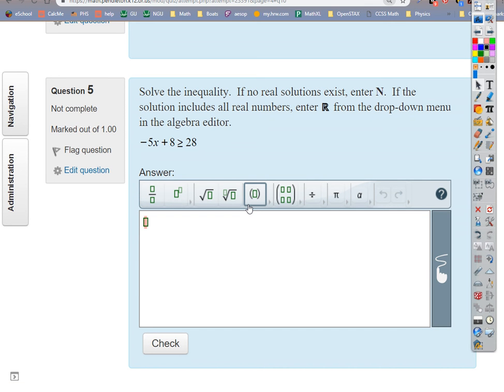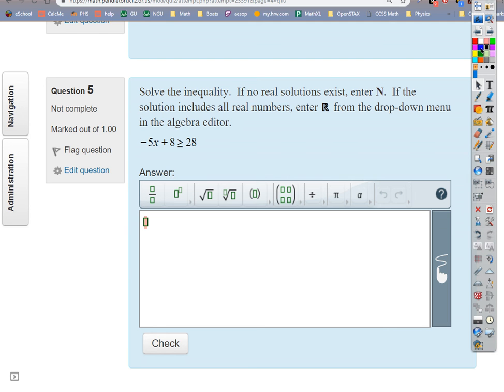So what about something like this? Now read the directions carefully here, they want you to solve the inequality. So we're going to write it in its simplest form. Enter R if the solution includes all real numbers, and if there are no real numbers in the solution, you enter in. So what are we going to do here?